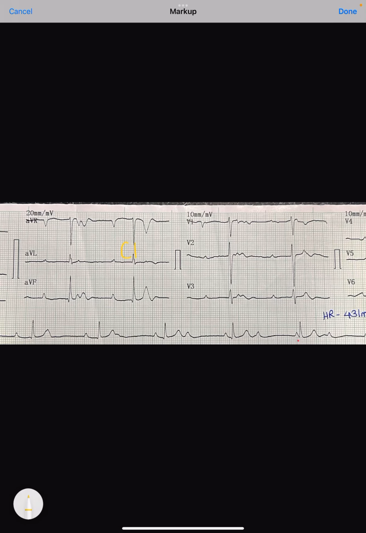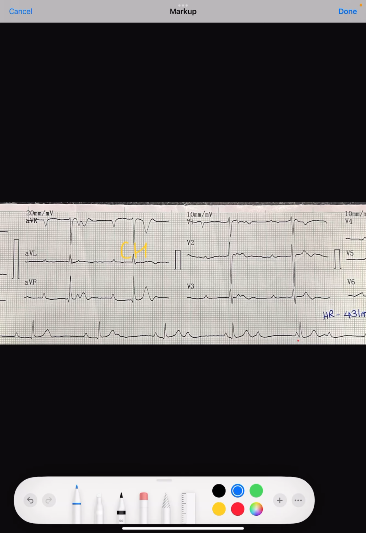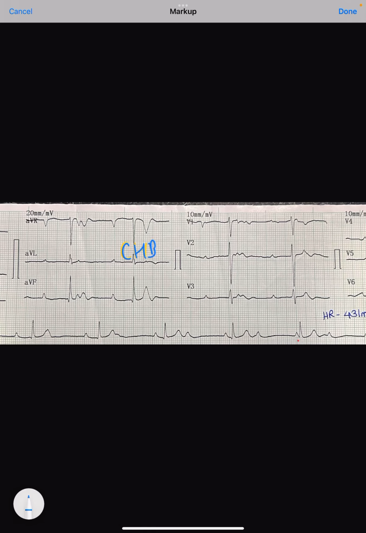What is the definition of complete heart block? The definition of complete heart block is AV dissociation. What is AV dissociation? It means there is no connection of the atrial P wave with the ventricular QRS complex. There is no connection. So the atria fire at a different rate and the ventricles fire at a different rate.